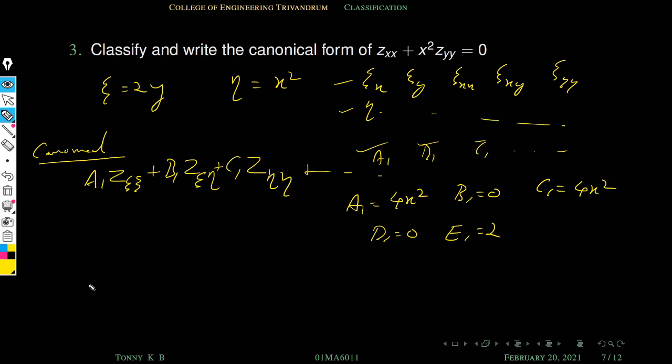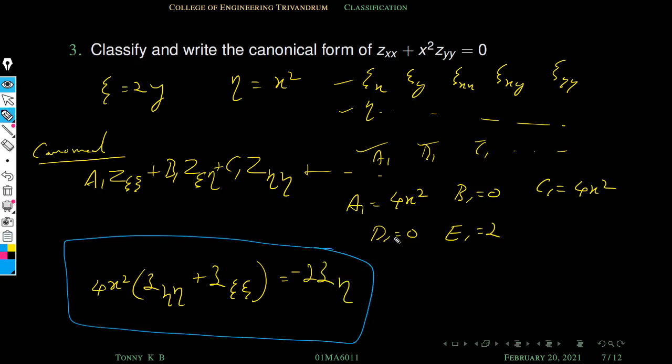After simplification, this becomes 4x square into z psi psi plus z eta eta equal to minus 2 z eta. Yes, this is the canonical form after substituting a1, everything.